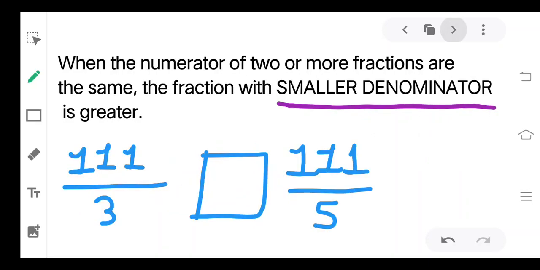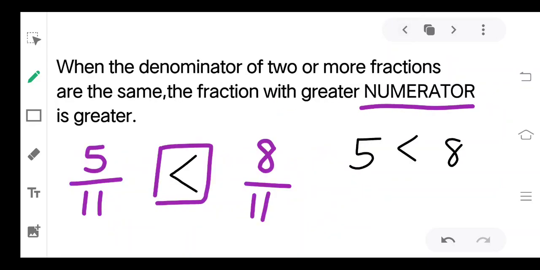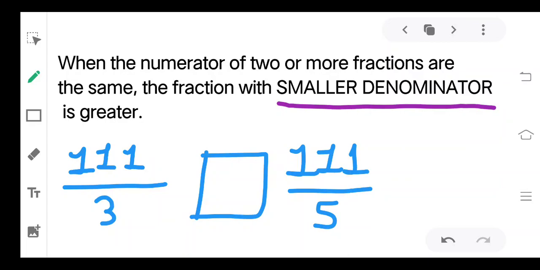Now, when the numerators of two or more fractions are the same, the fraction with the smaller denominator is greater. Students, here the numerator is the same.